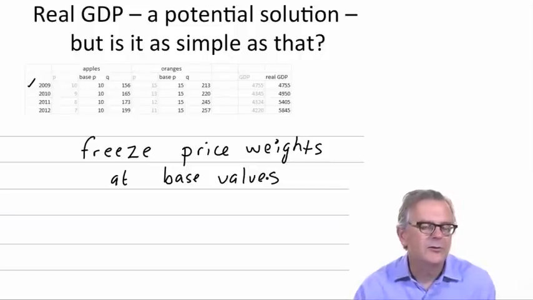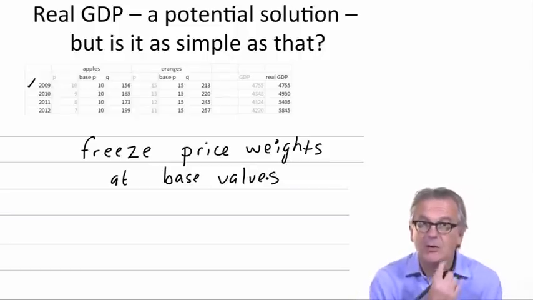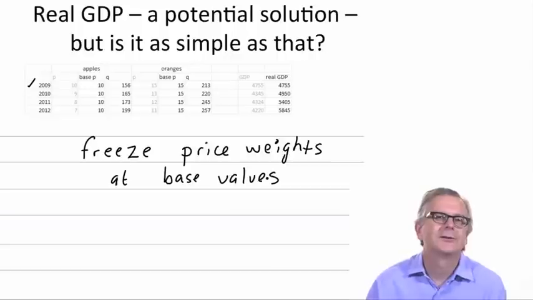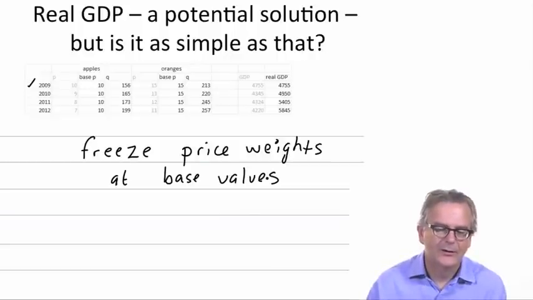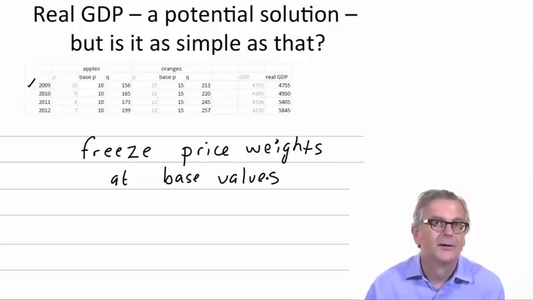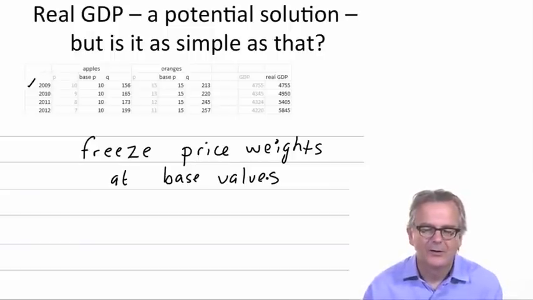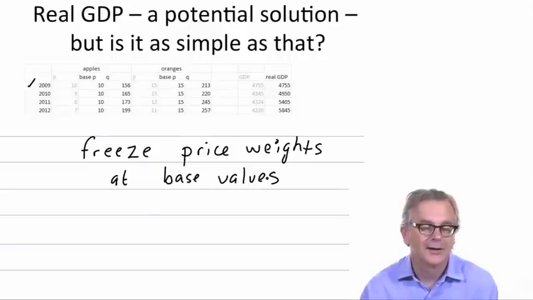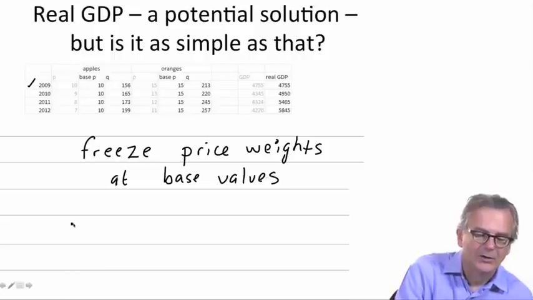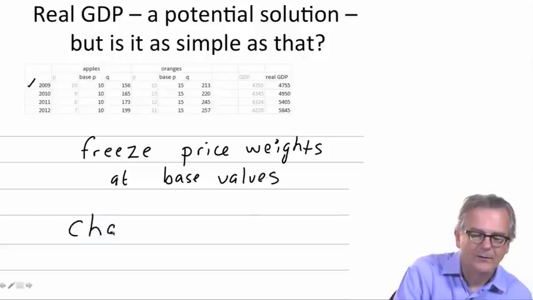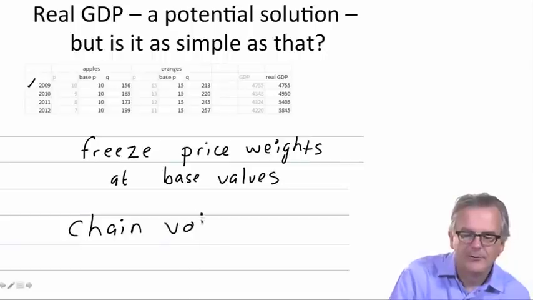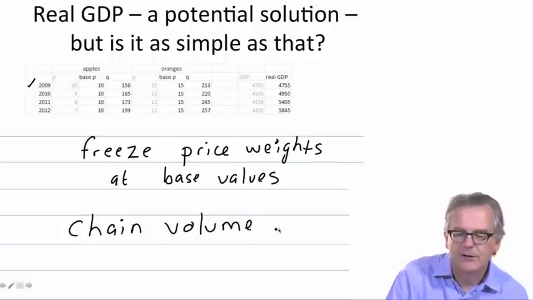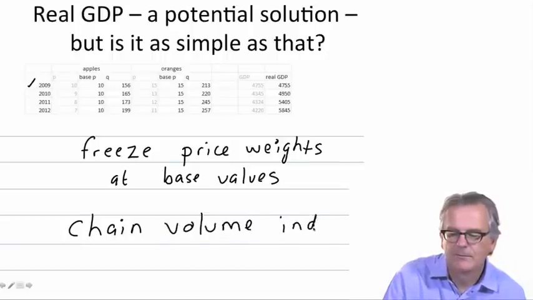Now, there is a solution to this, and I don't want to go into detail because the calculation is actually quite complicated. But if you were to look up the real GDP figures in your national statistical agencies' databases, you'll find probably a reference to what's called a chain volume index.